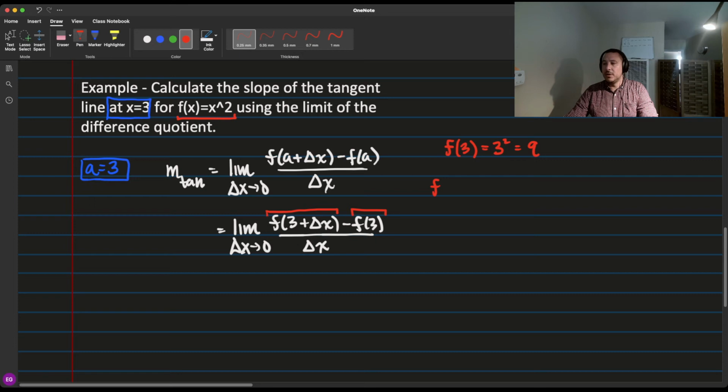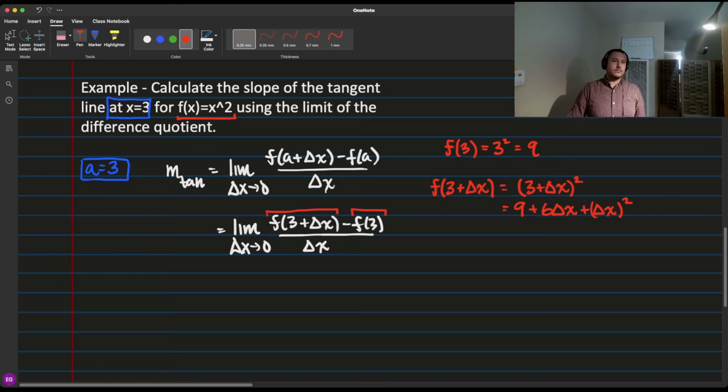The more difficult one is f of 3 plus delta x, because that's going to be 3 plus delta x quantity squared, which is going to be 9 plus 6 delta x plus delta x quantity squared, because you might recall that a plus b squared is a squared plus 2ab plus b squared, right?